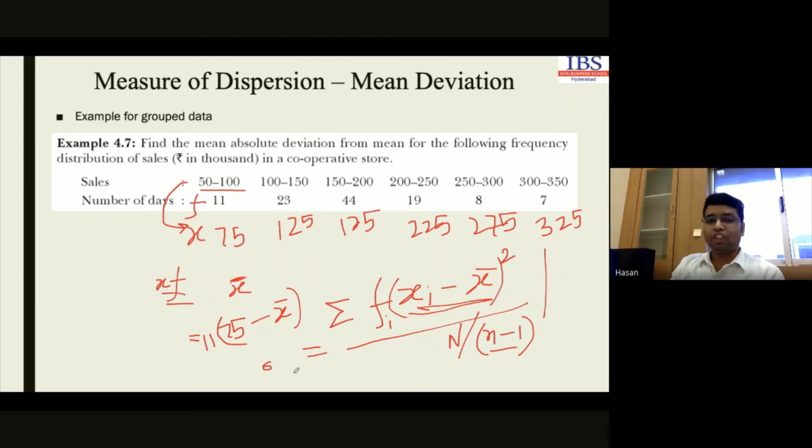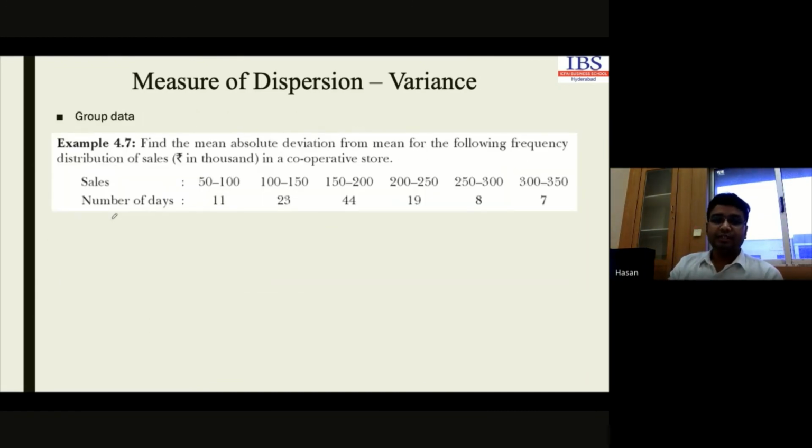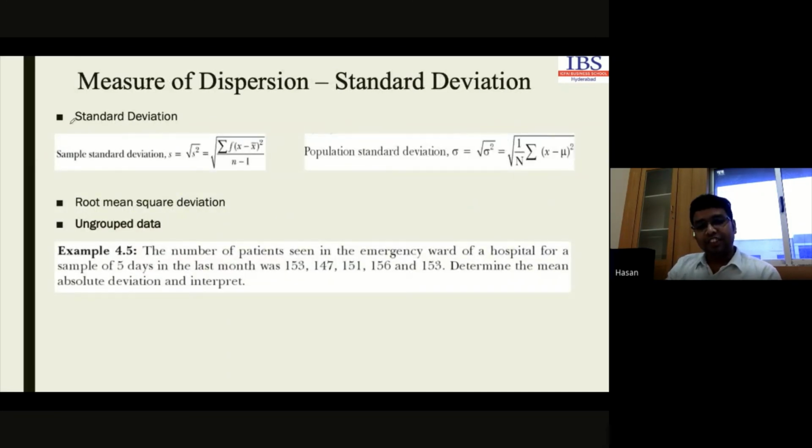So this mean square deviation is known as variance. This is the mean square deviation for sample and for population, and there is an example you will have to solve. Variance for group data is also there, just try to solve this one. And if we take the square root, it will be the standard deviation for sample and standard deviation for population.